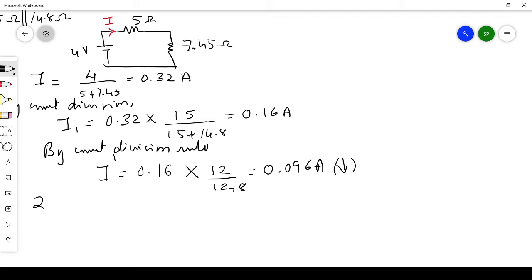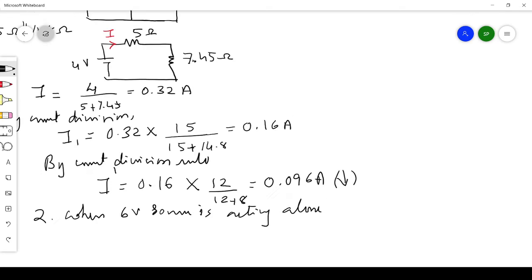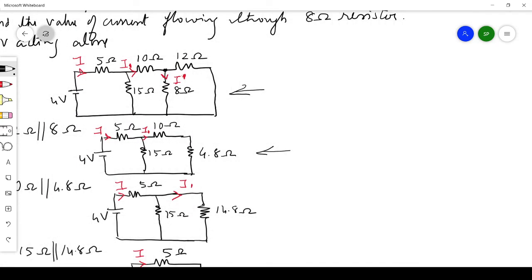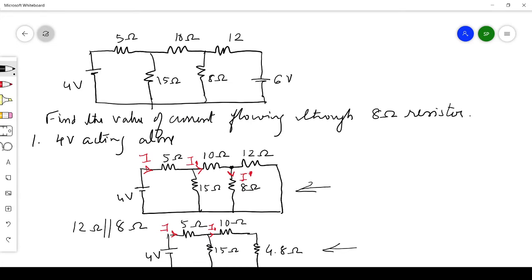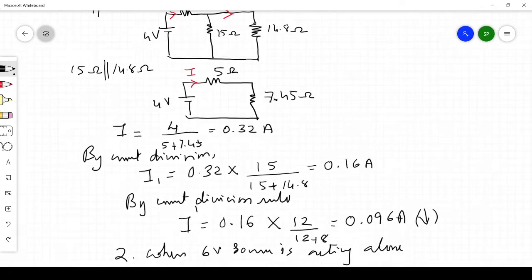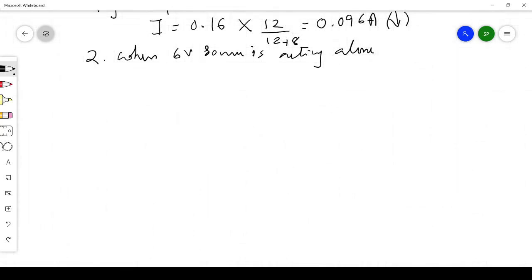Now the second step is when the 6 volt source is acting alone. That means in this original diagram we are removing this 4 volt source, and we will replace it with a short circuit.